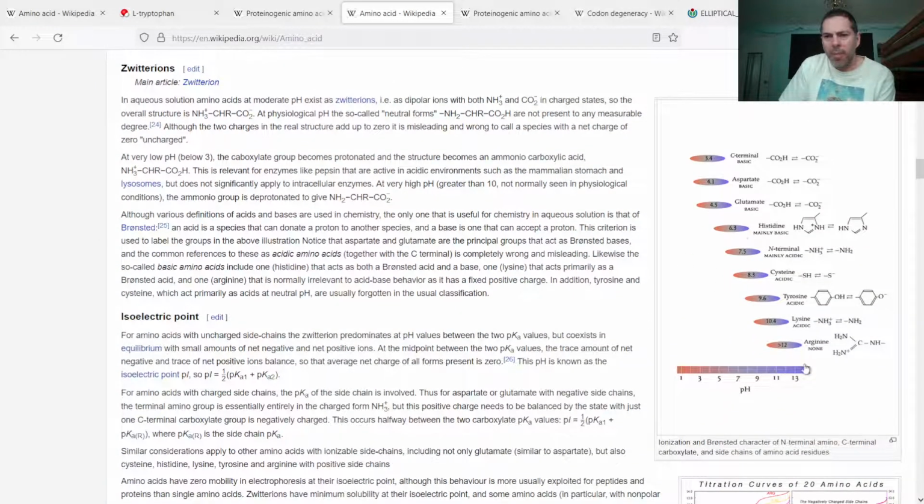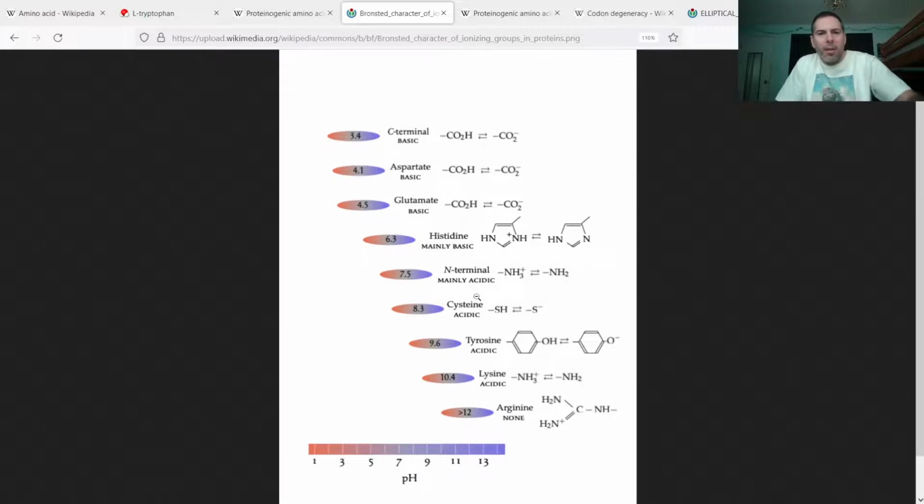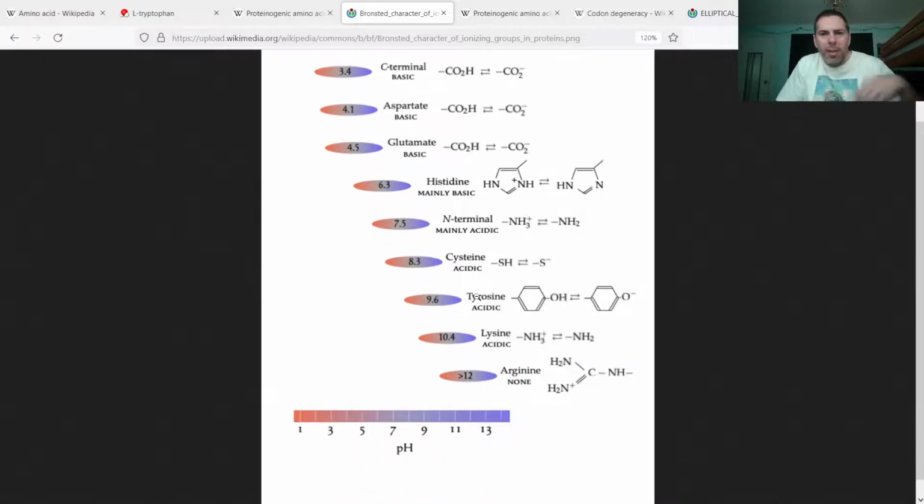This table here shows the pKa of probably all the ones in the list. So you can see which ones are lower valued pKa, so they're less likely to have a hydrogen stuck to it in the cellular environment.